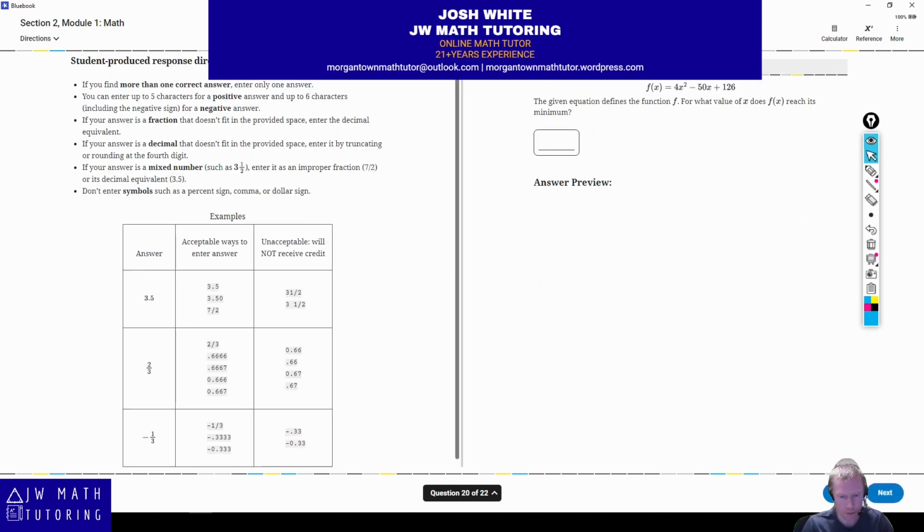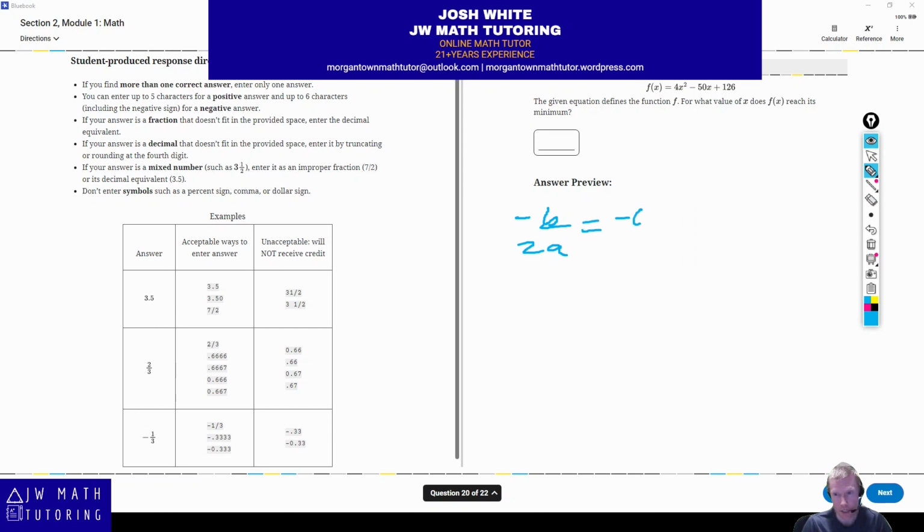Okay, problem number 20, we have another student-produced response question. They give us a function here, and they want to know where it reaches its minimum. There are multiple ways we could do this. We could first find negative b over 2a, which is going to be equal to the h or x coordinate for the vertex, and that's basically going to be our answer.